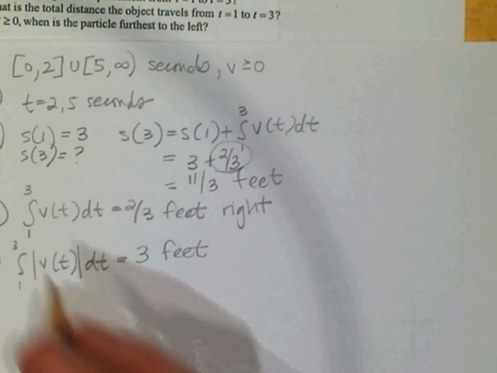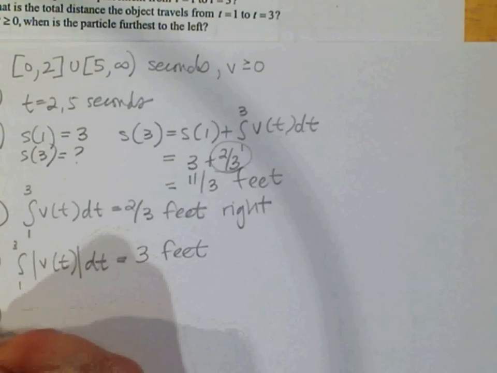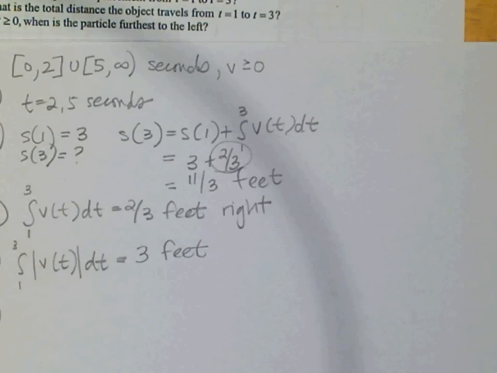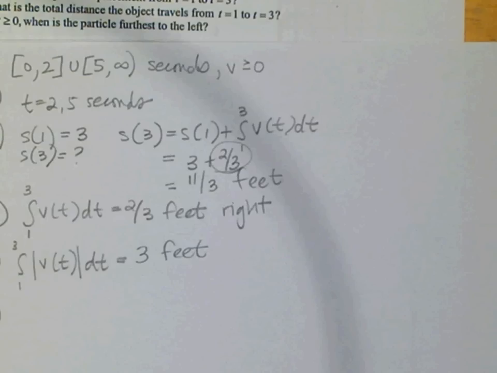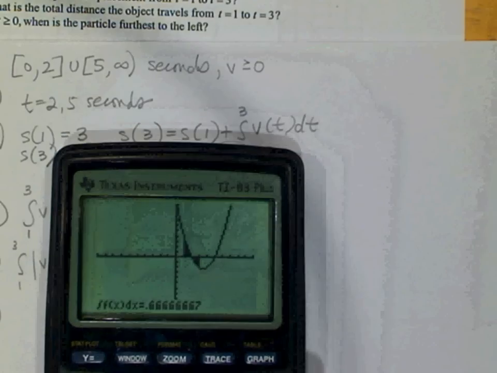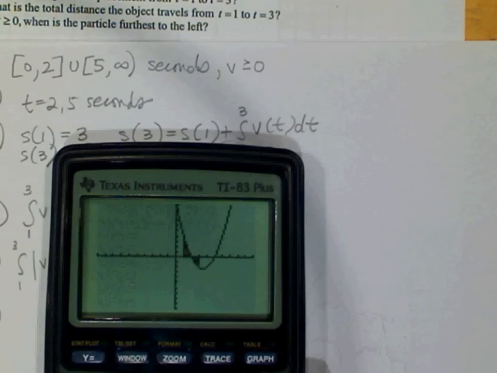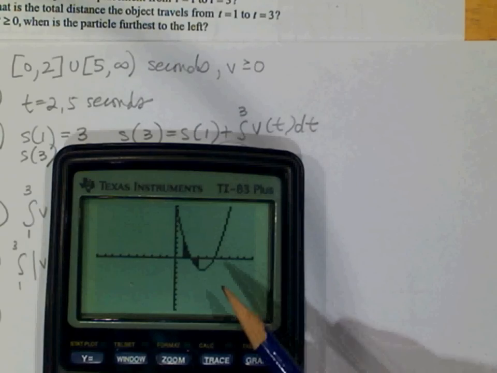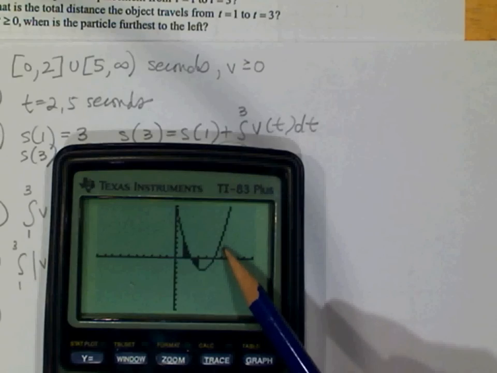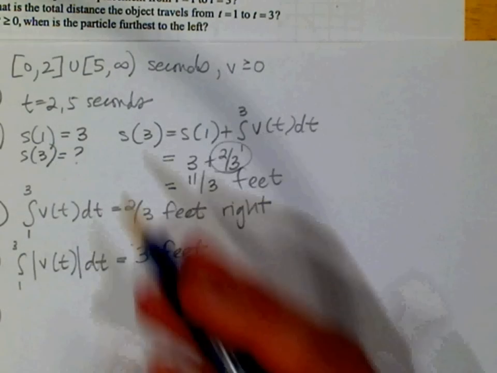So finally, F just wants to know, when is the particle furthest to the left? Well, isn't that when position is at a minimum? So I'm furthest to the left, so its position would be at a minimum. Well, look at your graph, and on here the position is at a minimum wherever v of t changes from negative to positive, which is going to be at t equals 5 seconds.